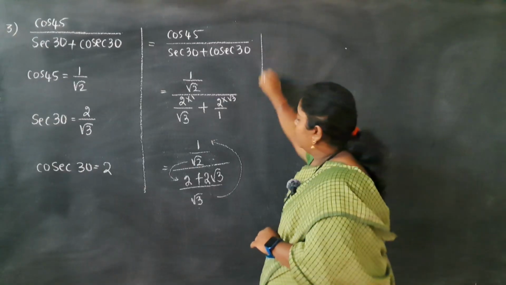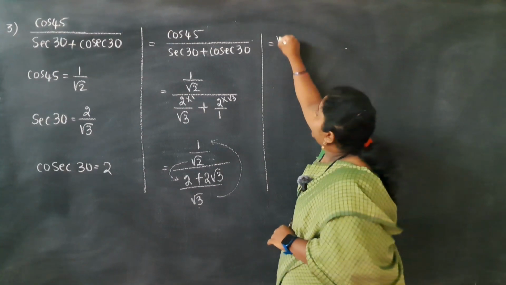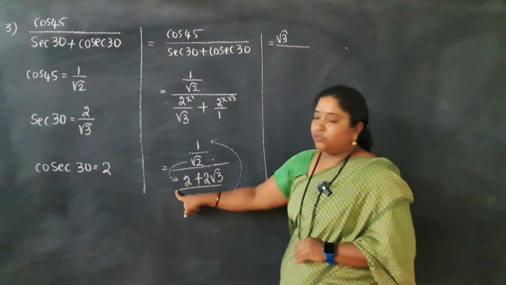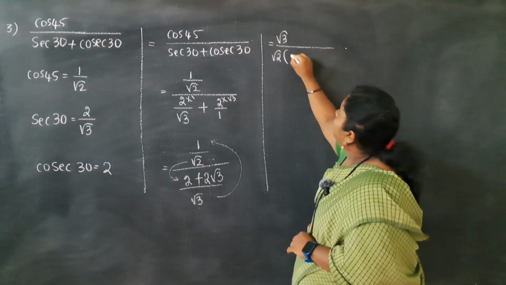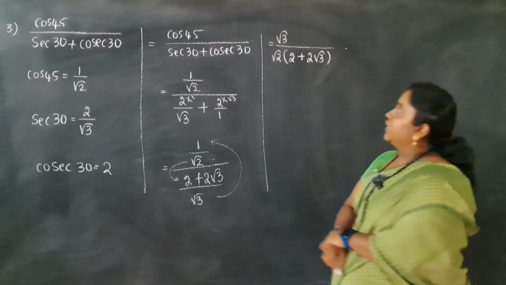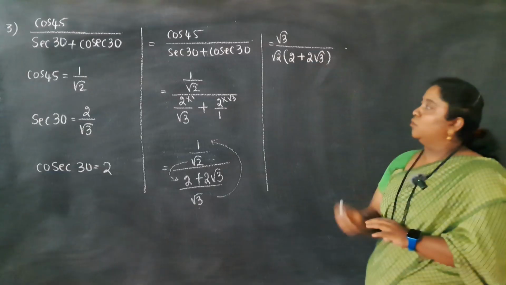Okay, now see here what I am going to do. Root 3 will go to the numerator. This will become root 3 whole divided by root 2, which will come to the denominator part. So I'll be having root 2 into bracket 2 plus 2 root 3. Okay, root 3 divided by root 2 into 2 plus 2 root 3.